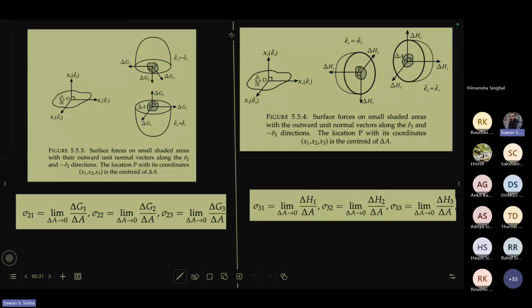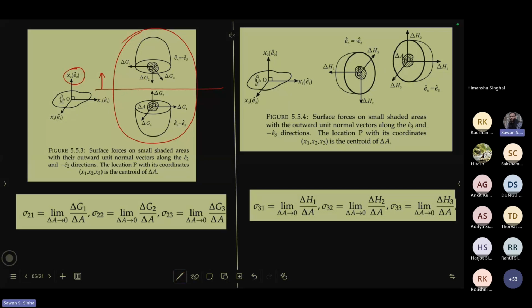On the previous slide, I could define three components of the stress tensor. To define the next three stress components, I need to cut the bulk of the fluid in a different way. Now I am cutting the bulk of the fluid using a plane which has its normal like this along e2.